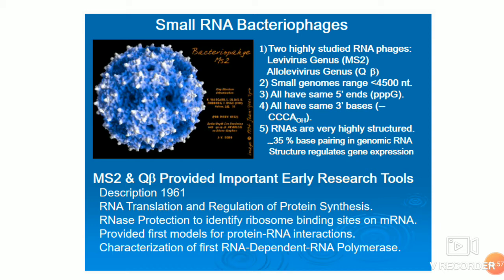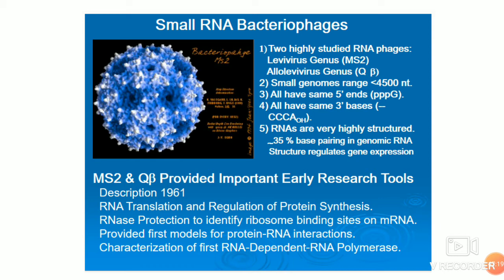These RNA viruses together contain a little less than 4500 nucleotides. They are single stranded RNA bacteriophages. They have certain modifications at the 5' end and at the 3' end.